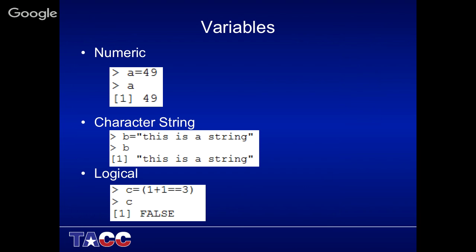So is 1 + 1 equal to 3? It's true or false, and you could store that to a variable. So it's a Boolean or logical variable type, a string, and a numeric. These are the basic variable types. Everything else you see later is going to be just a collection of one of these.